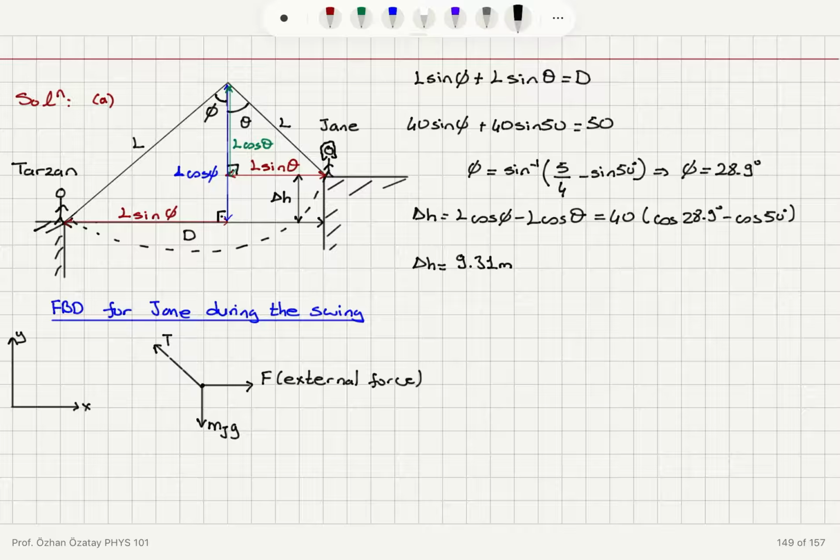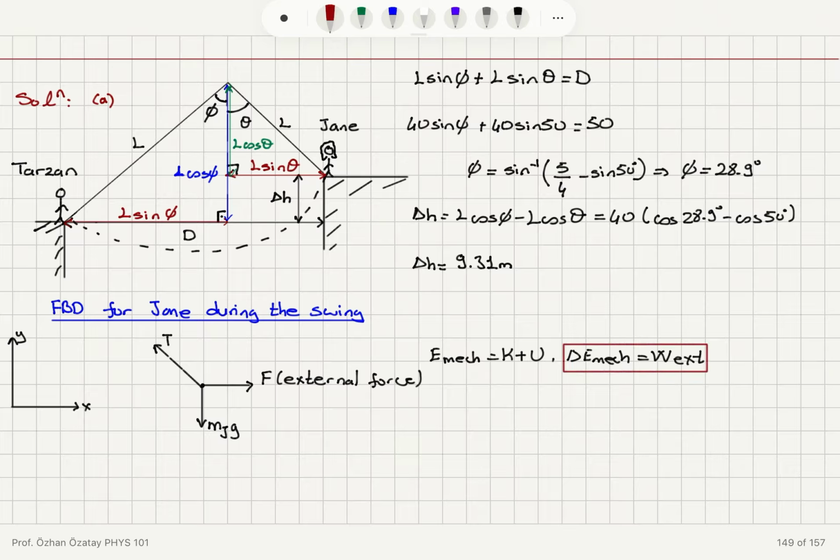Okay, so we can see that the total mechanical energy, which is kinetic energy plus potential energy for Jane, will change during the swing. Why? Because we have an external force acting on the system. Delta E mechanical is equal to W external.